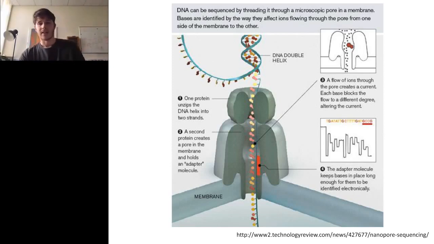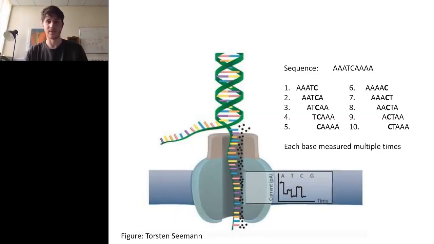So it's slowing down and controlling the speed of the DNA traveling through the pore, and then it's being read out as a current level, and then read off the instrument onto the laptop computer, where it's going to be converted into base calls, or bases, which is the alphabet that DNA is made up of.